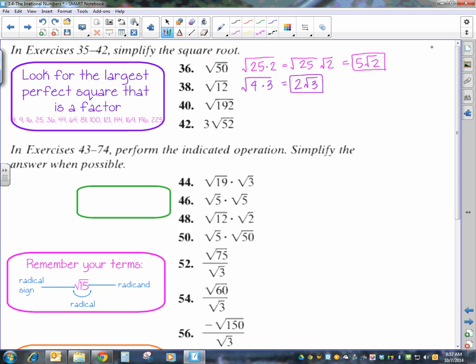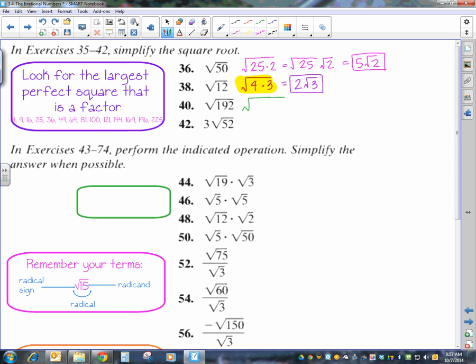This is a minimal step that you need to write on your problems, because some people have calculators that will do the problem for them. If you put in the square root of 12, your calculator is going to give you back 2 square roots of 3. You have to show me a middle step to get full credit for the problem.